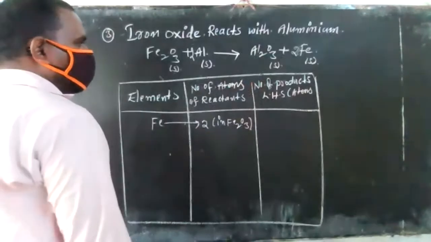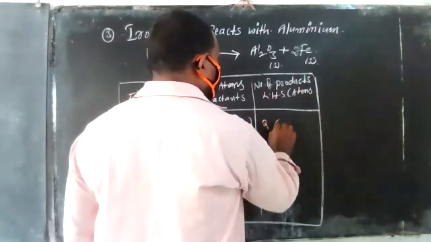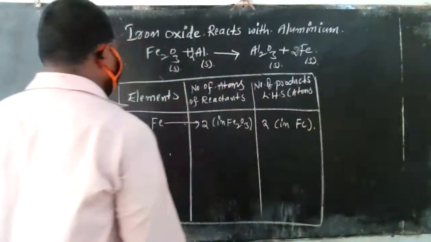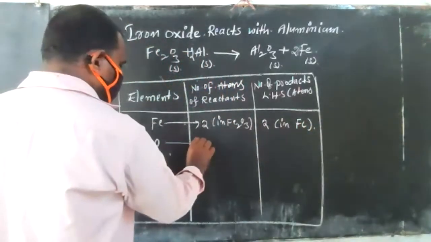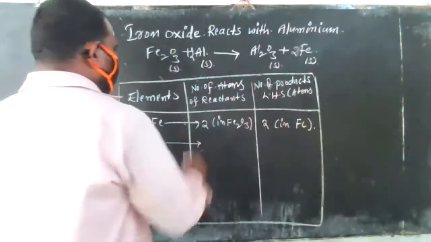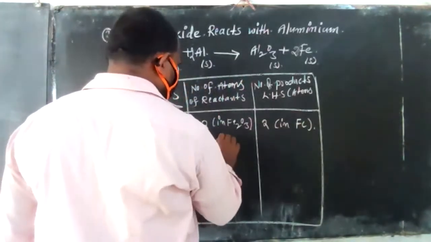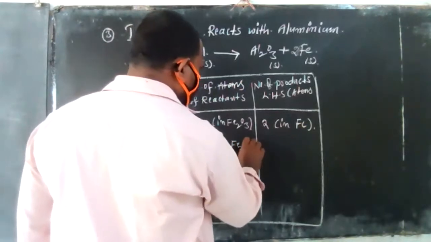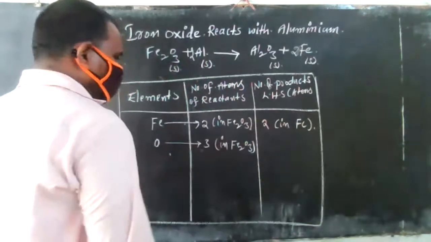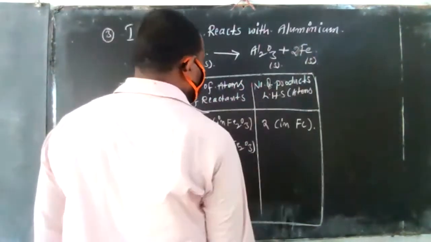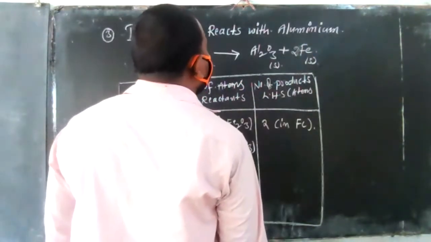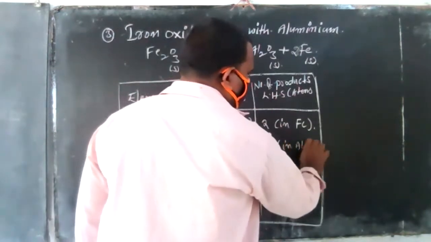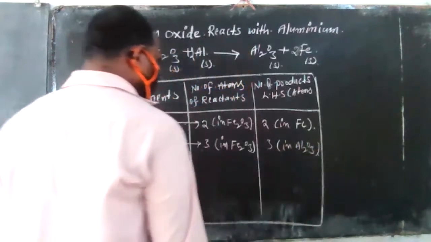What about the product side? 2 there. Next, oxygen: 3 in Fe2O3, and 3 in Al2O3.